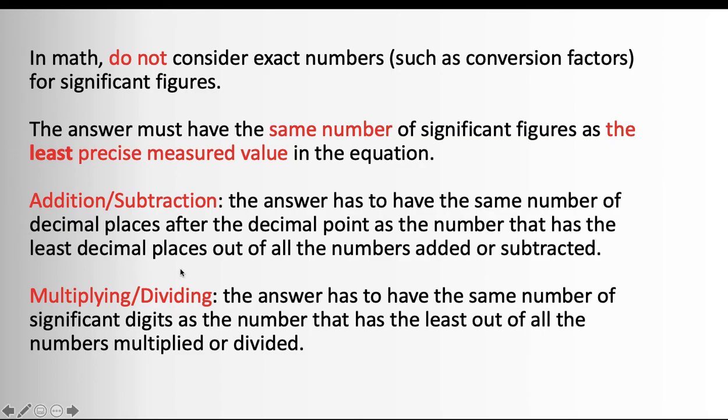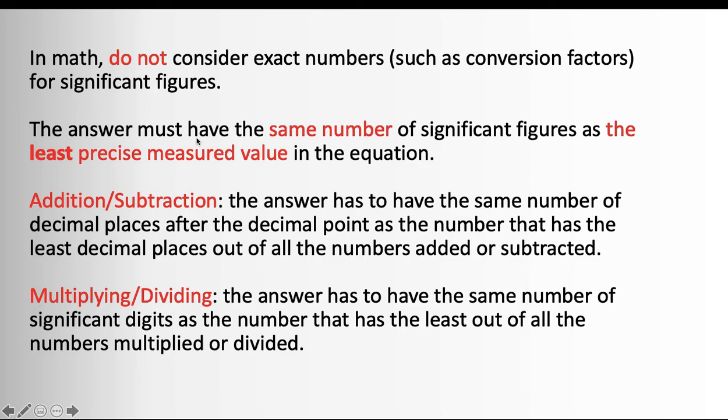Now let's talk about rules when we have operations to do. So when we have addition or subtraction or multiplication and division between numbers, how do we deal with significant digits in those cases? Well, this is always the answer, okay?